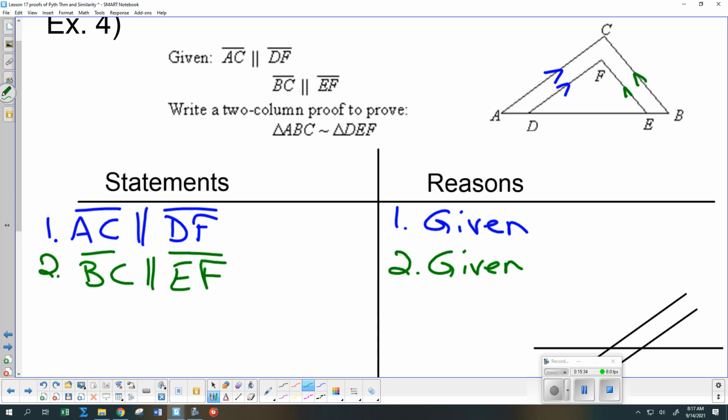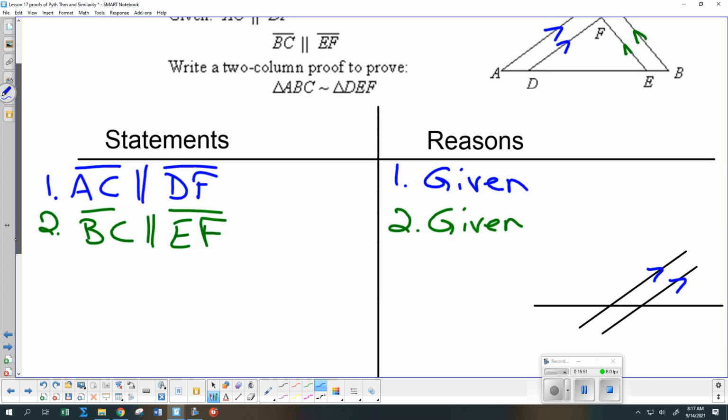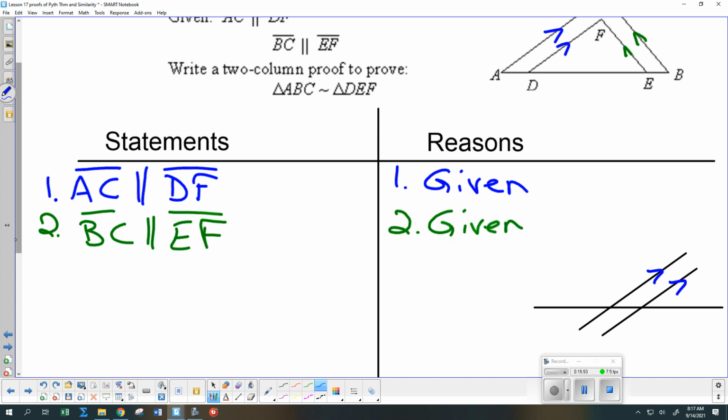So for just a moment, I'm going to think about those two lines that I just marked with blue that are parallel. And I've redrawn those down here. And now I'm redrawing this bottom of the triangles, but I'm extending those parallel sides a little bit farther. So right here is where I had point A, and here's where I had point D. So far, so good?